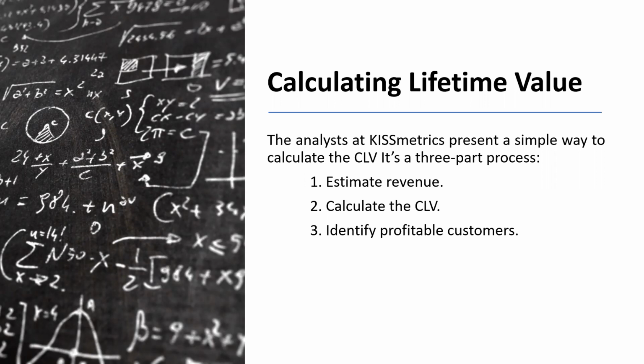They calculated CLV as a 3-part process. First, you estimate the revenue that may come in. Second, calculate the CLV, customer lifetime value. Third, once you do that, identify the profitable segment of customers. Once you have the CLV, it is easy to identify that.